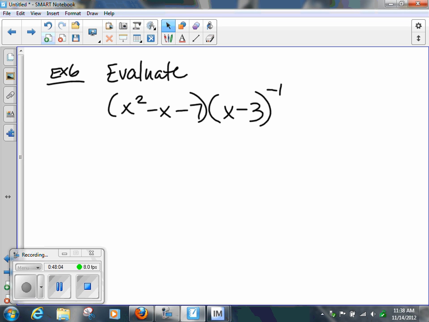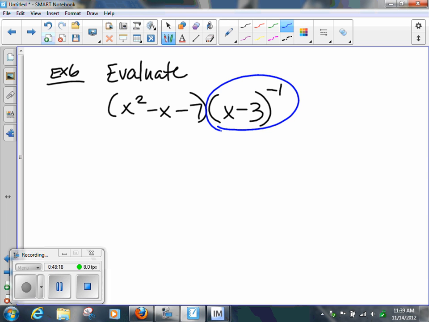But remember, if it has a negative variable, what's that negative variable? And first of all, that negative 1 goes with what? It only goes with this x minus 3, right? No, because it's an exponent. It's going to move it.